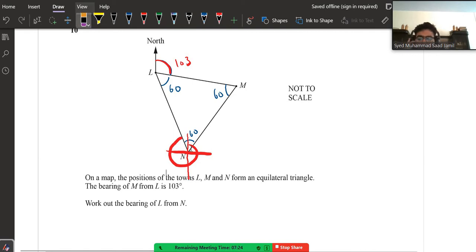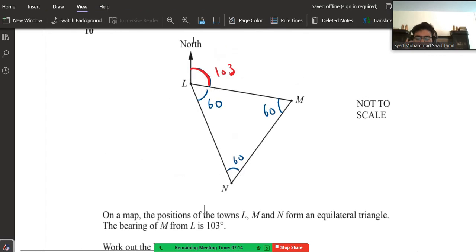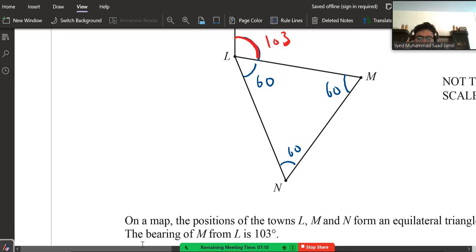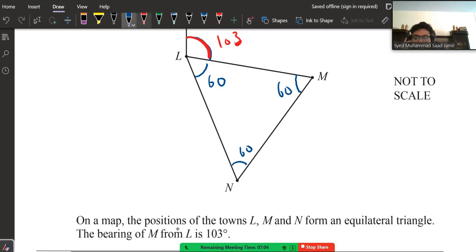So moving on, let me erase it and make a better shape. Let me zoom in a bit. So basically the question is asking you for this part.